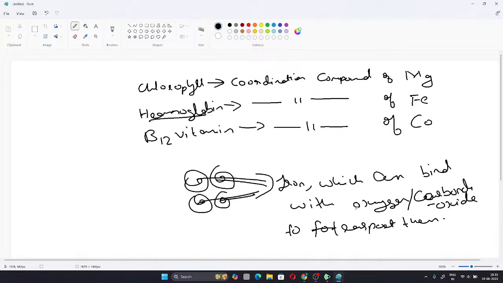If it binds with oxygen, it is called oxyhemoglobin. If it binds with carbon dioxide, it is carbaminohemoglobin.